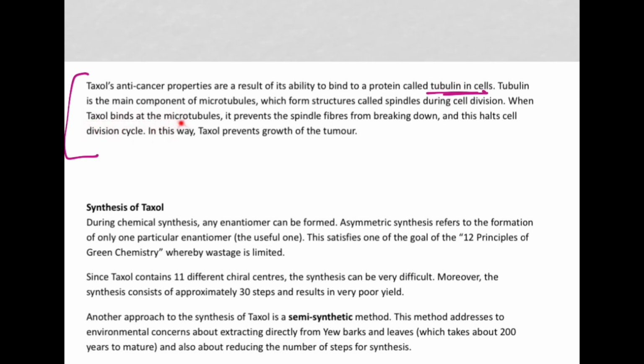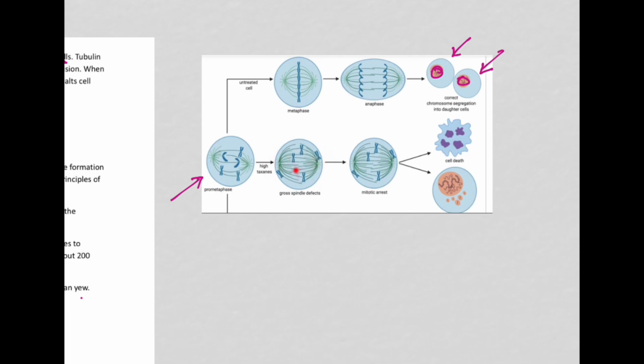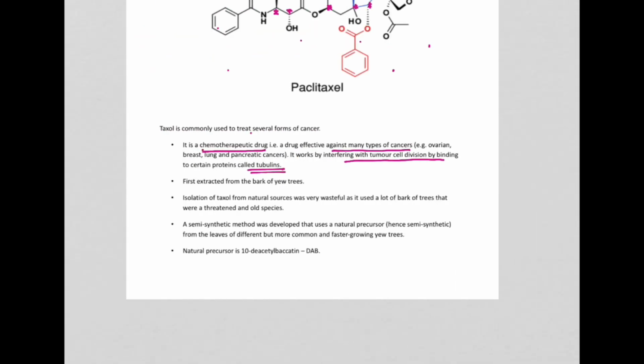When the Taxol binds at the microtubules, it prevents the spindle fibers from breaking down, and this halts the cell division cycle, so it prevents the growth of the tumor. The genetic material cannot divide into two, and then the cell dies. It was first extracted from the bark of the yew tree, so it was initially obtained naturally.